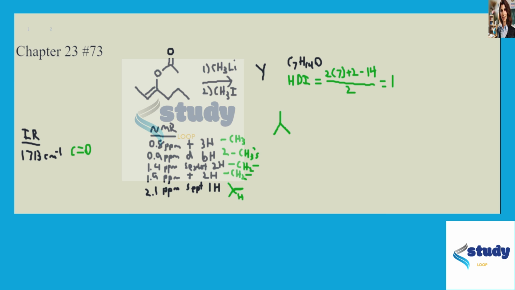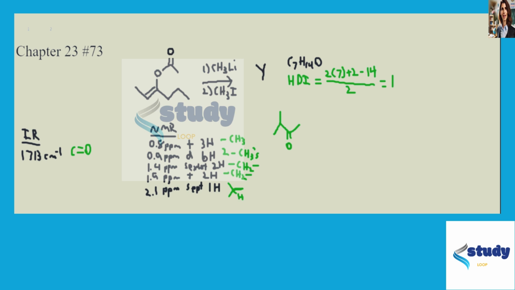So I am going to say that that is attached to our carbonyl. So that would put our carbonyl right here. And then alpha to that carbonyl on the other side, we have a triplet at 1.9 that integrates to 2. So that would be this methylene group.